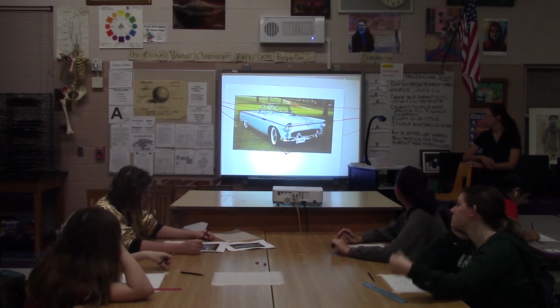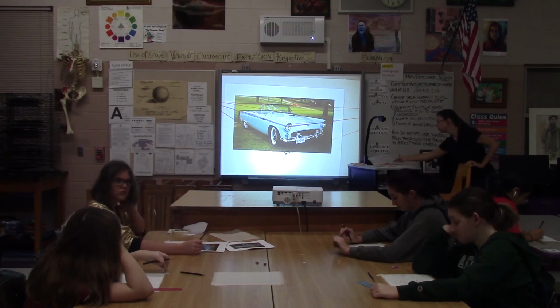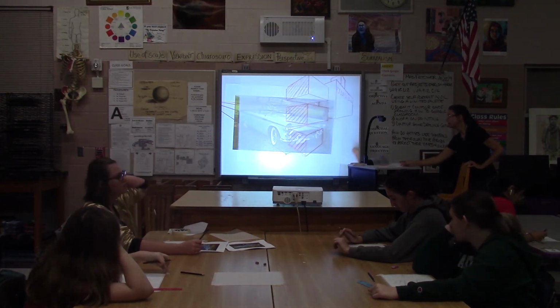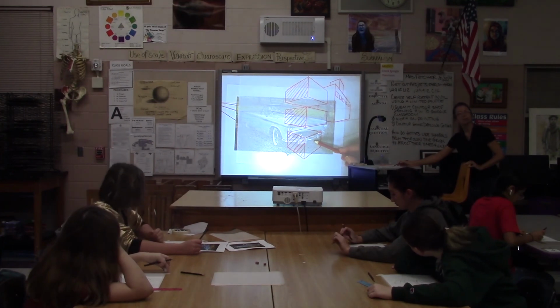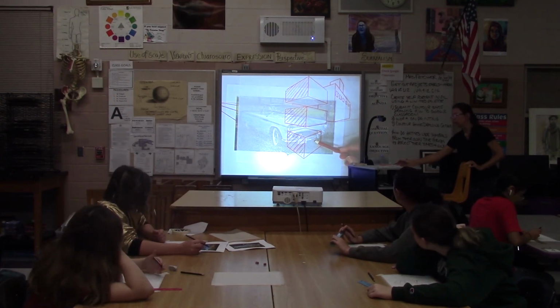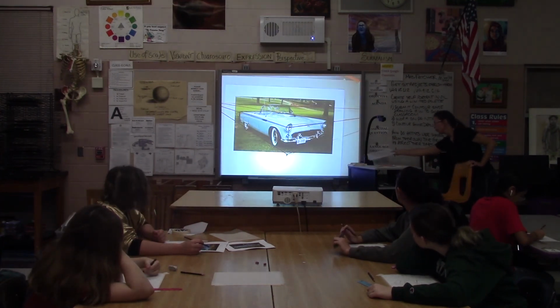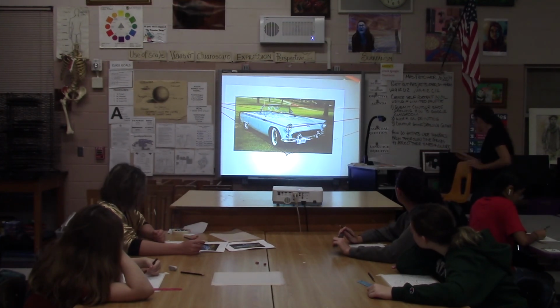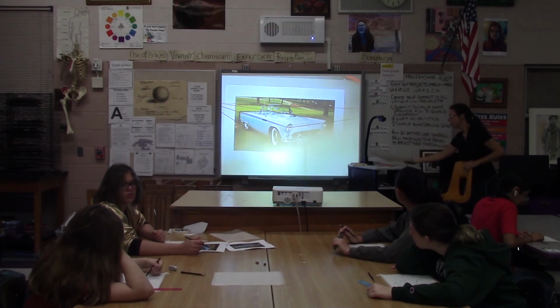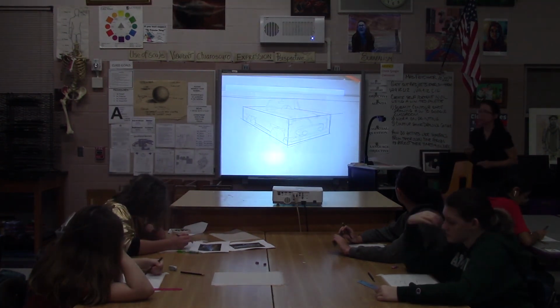So keep in mind, the box you just drew that's below eye level here is the same concept as drawing this car. So, what I want you to do is start to establish your cube. Good?